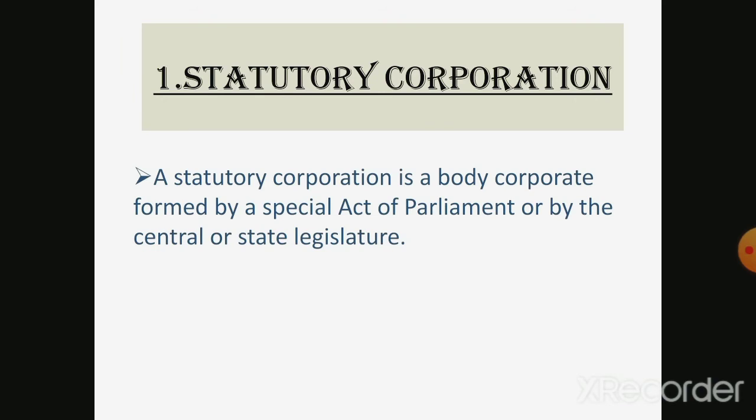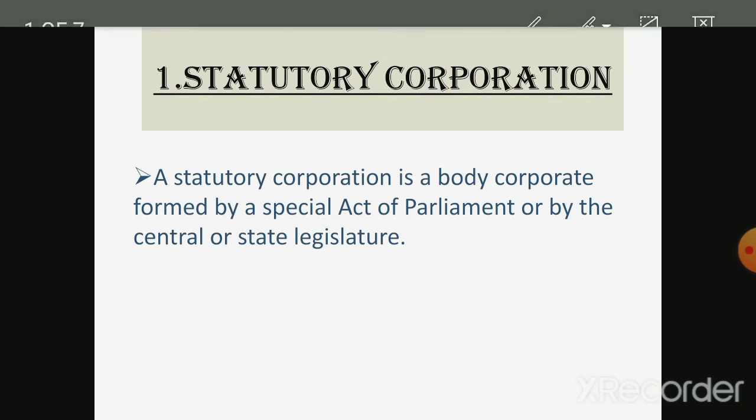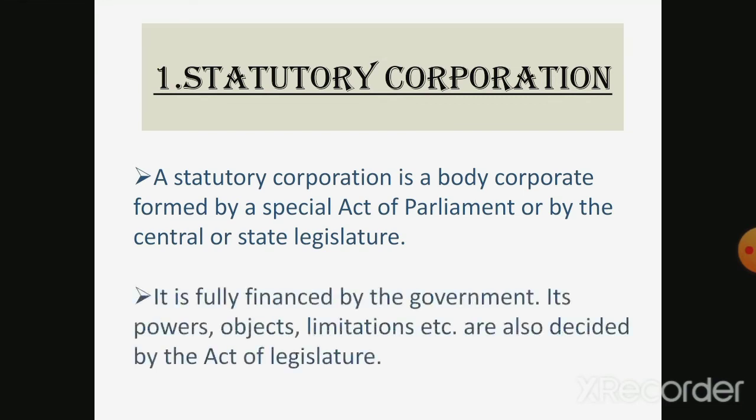Statutory corporation. So, statutory corporation is a body corporate formed by a special act of parliament or by the central or state legislature. And it is fully financed by the government. Its powers, objects, limitation, etc. are also decided by the act of legislature. So basically it is a type of corporation which is managed and owned by the government, formed by an act of parliament or by the state or central government, and all its powers, limitations, objectives are decided by the act of legislature.